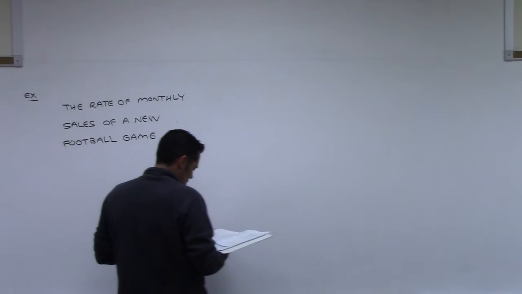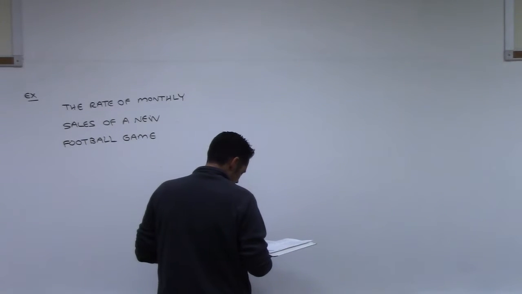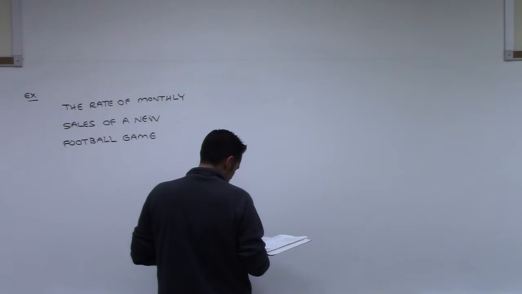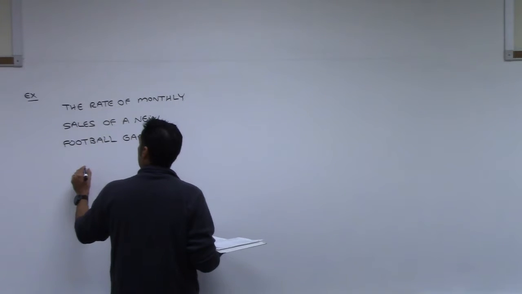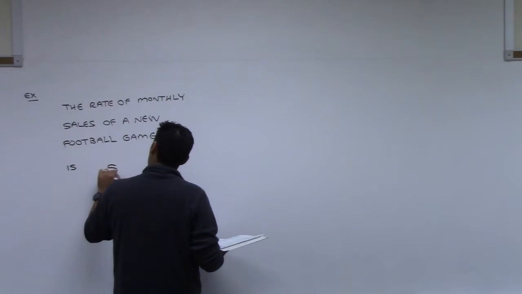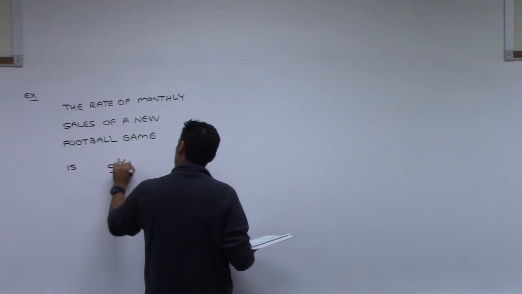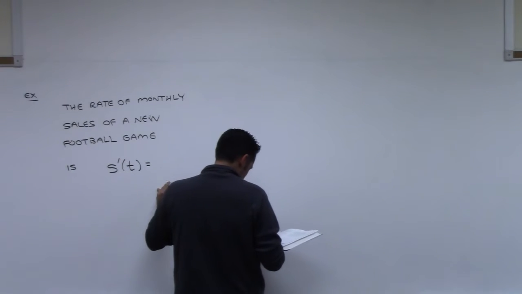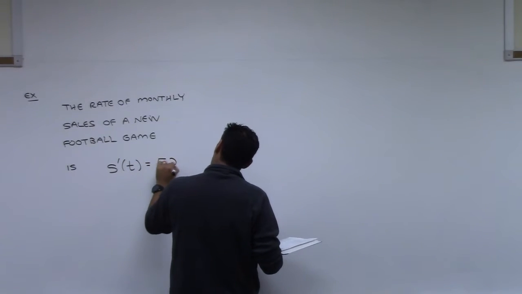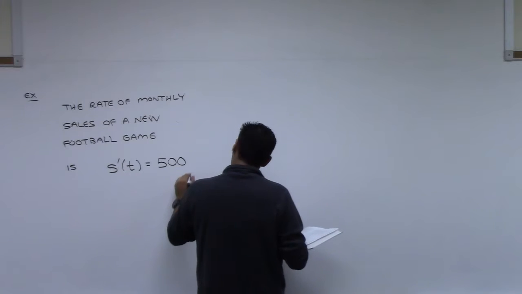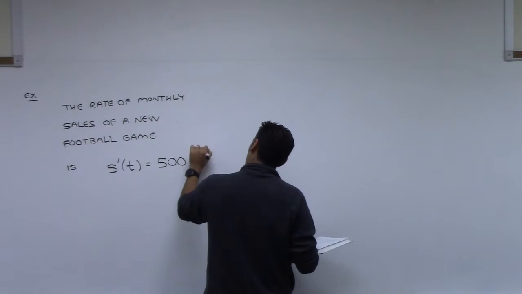I guess we can just say that these are like video games or something. Yeah, like Madden or whatever. Newly released football game is given by S prime of t equals 500 t to the 1/4 power.